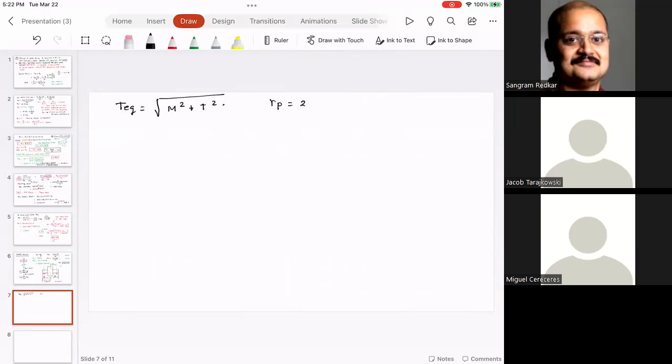RP is 200 millimeters. So torque is WT multiplied by RP, 5350 times 200. So if I were to do 5.3 times 200, I would get the answer in kilonewton millimeter. So I would get the equivalent torque in kilonewton millimeter.